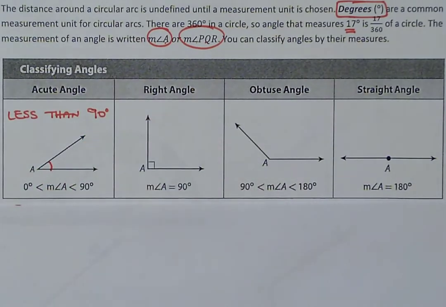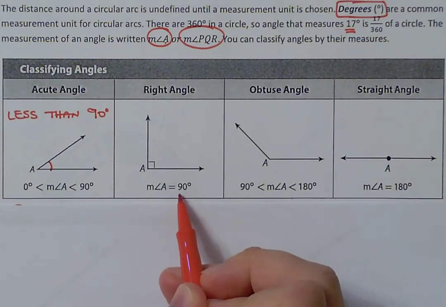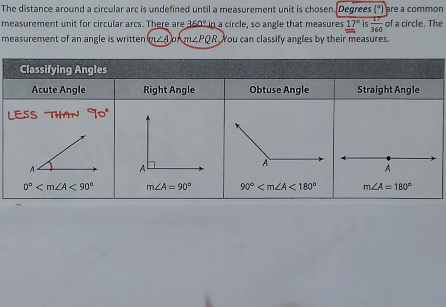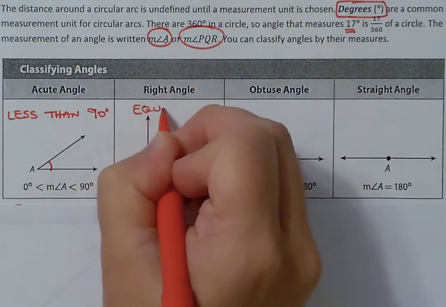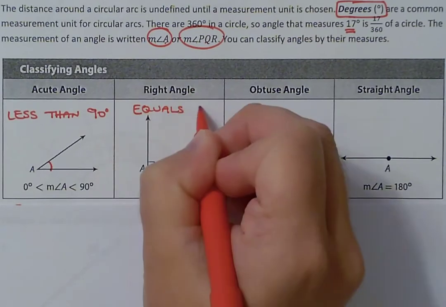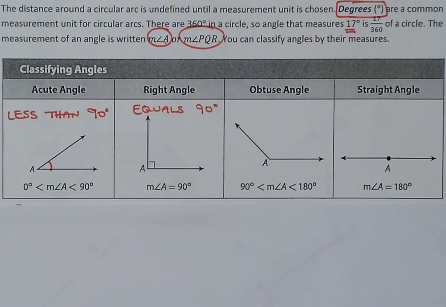Now, if we talk about a right angle, the measure of this angle is exactly 90 degrees. So anytime that you hear us talk about a right angle, know that that equals 90 degrees. You are going to hear right angles referred to throughout this entire trimester, most days. So whenever you hear me say right angle or you read right angle, know that it is exactly 90 degrees.